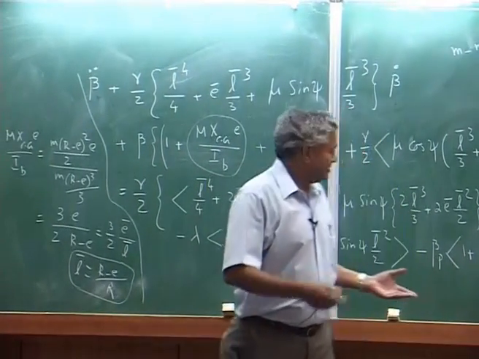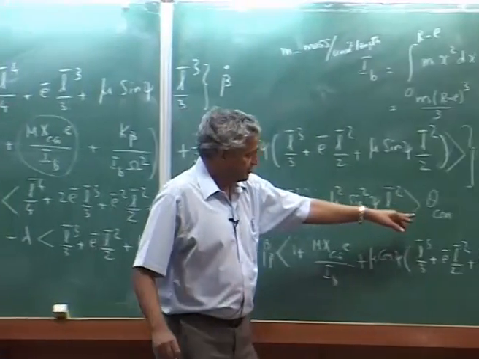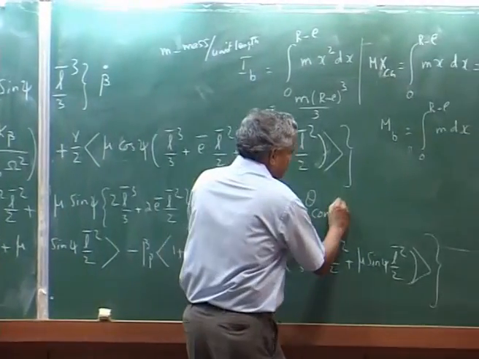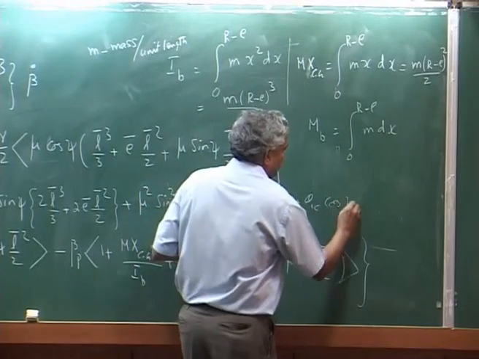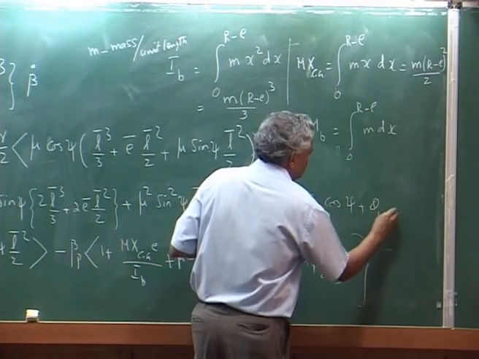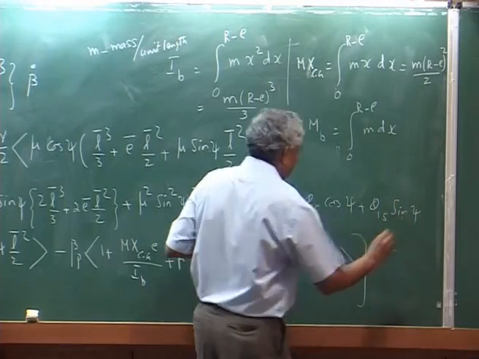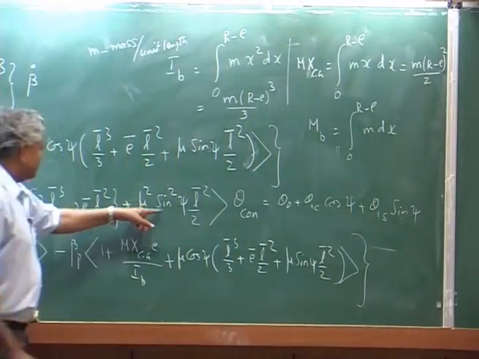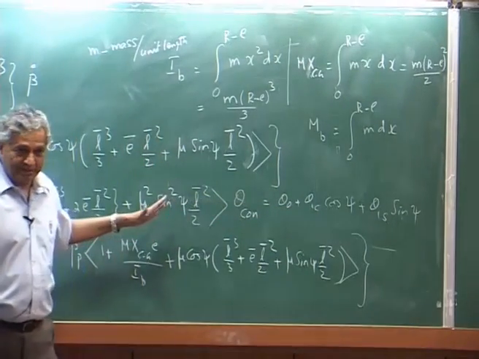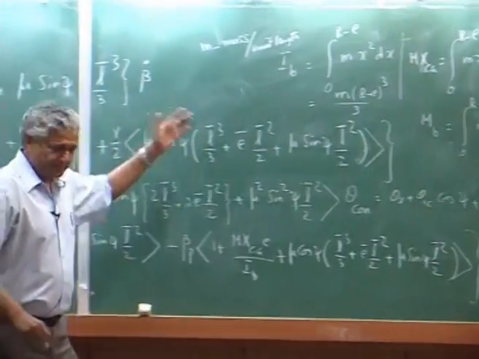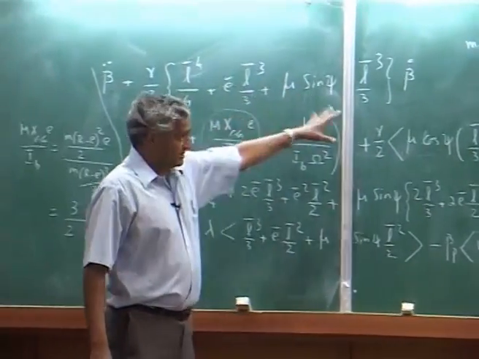You know that immediately you have theta naught, 1c cosine psi plus 1s sin psi. Okay. You have already second harmonic, this gets multiplied, third harmonic, you will have all the harmonics can come.